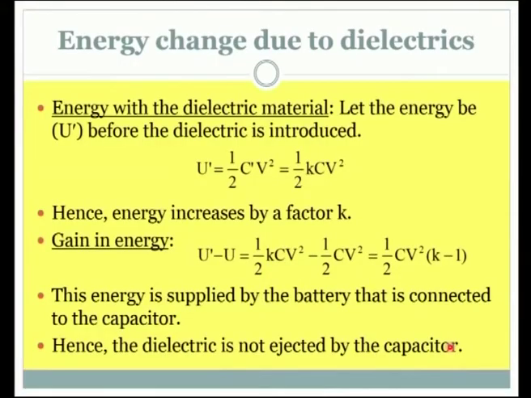No. The battery will do the additional work, that is stored as potential energy, increasing the potential energy. So, in this case also the dielectric is safely kept inside, because the potential source is doing the work. So, we have seen the two cases of introducing the dielectric material in a capacitor.